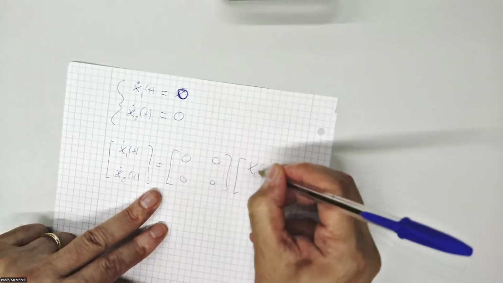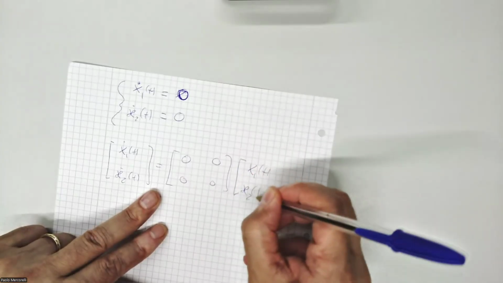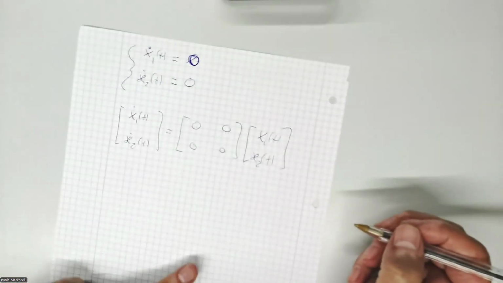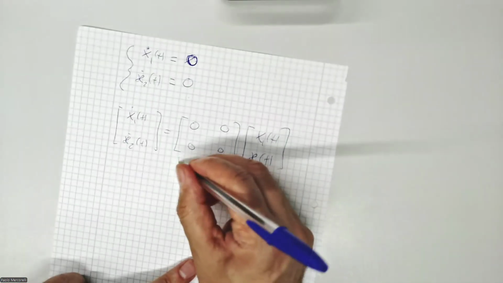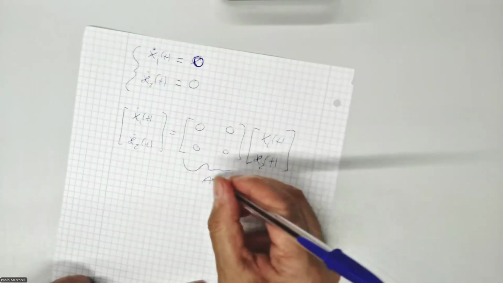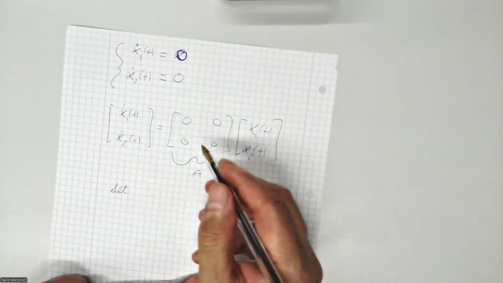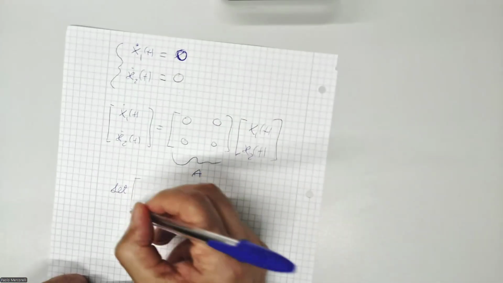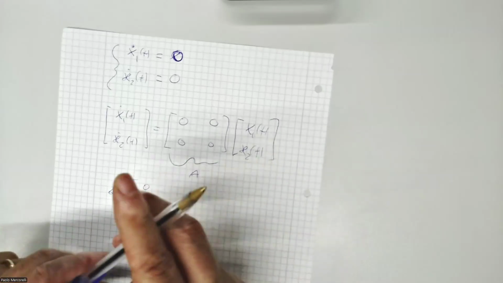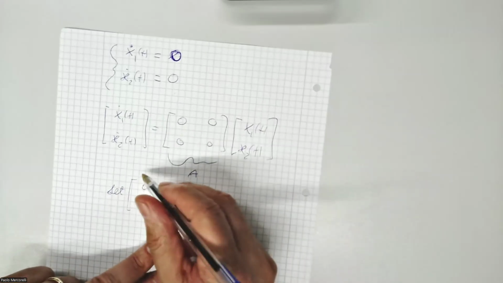Let me go ahead, because I would like to tell you something different now. This is the transition matrix. And now we can understand this parallel form, not cascaded. Determinant.